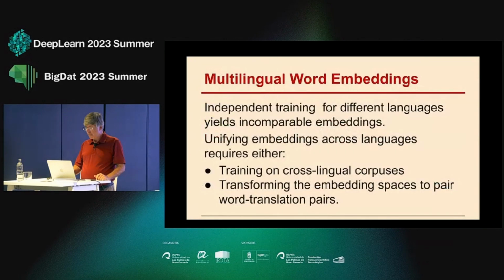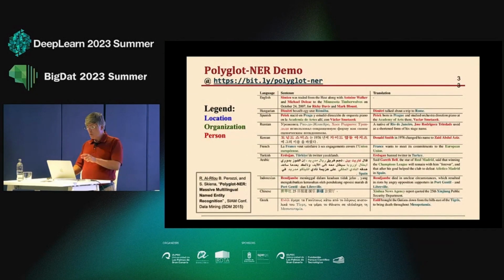Okay. Fair enough. Now, when we're talking about these multilingual embeddings, there's one other background to think about. If you think about what I did here, I trained separate word embeddings for every one of these 100 languages.